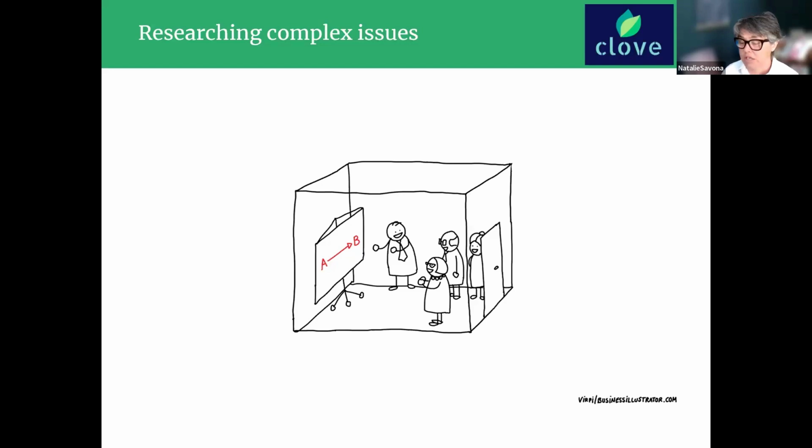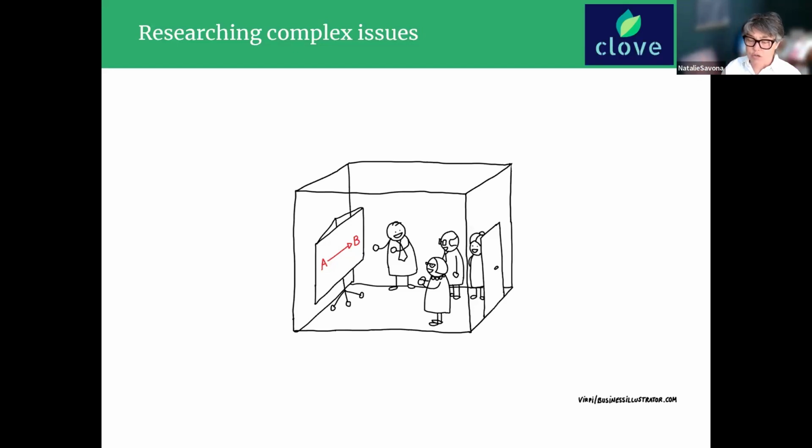Most of you listening are probably working on pretty complex issues. Anything to do with food, agriculture, health is inherently complex. There are just lots of things going on at the same time that interact, and it's often quite difficult to unravel what's going on.